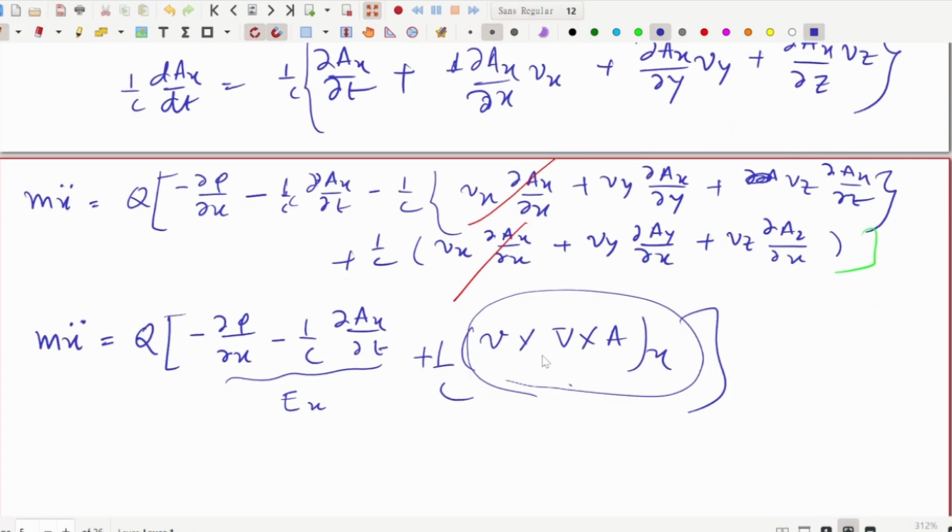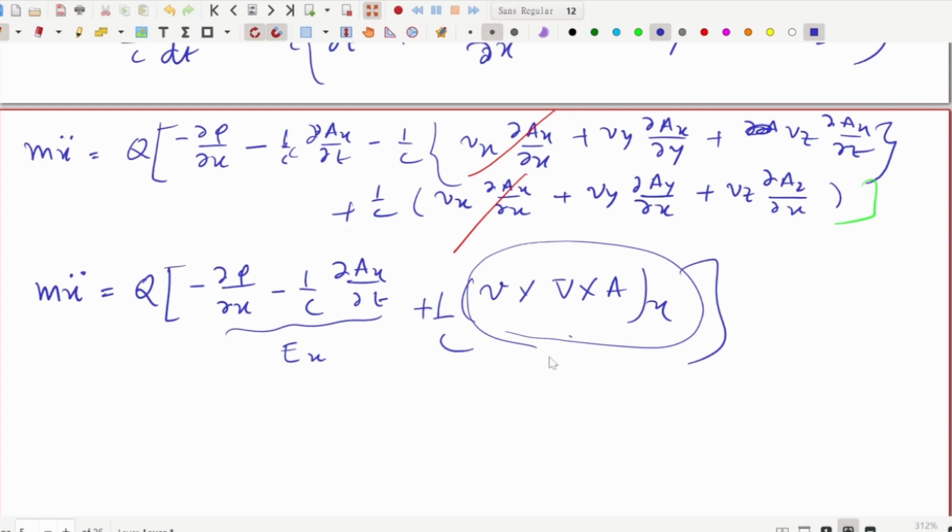So, to convince you, let us calculate. First I will calculate V cross B, and then B we will substitute from curl of A. So, if I write i j k, I am repeating this exercise, V x, V y, V z, B x, B y, B z.